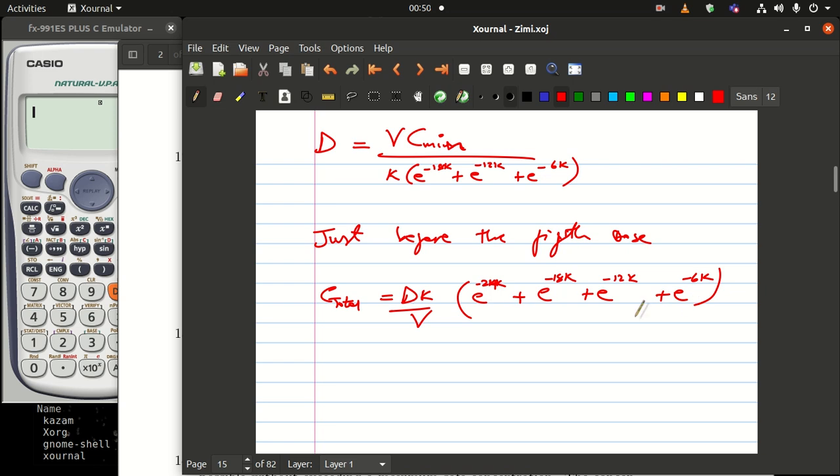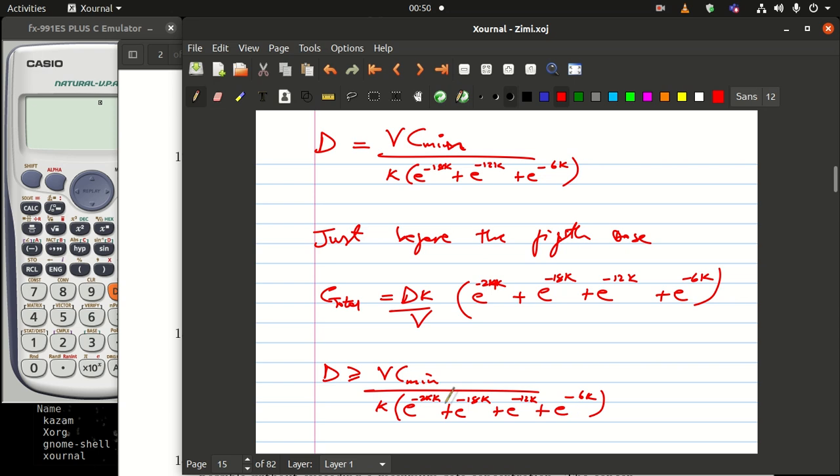And then D is bigger than or equal to V times C min, divided by k times e raised to minus 24k plus e raised to minus 18k plus e raised to minus 12k plus e raised to minus 6k.